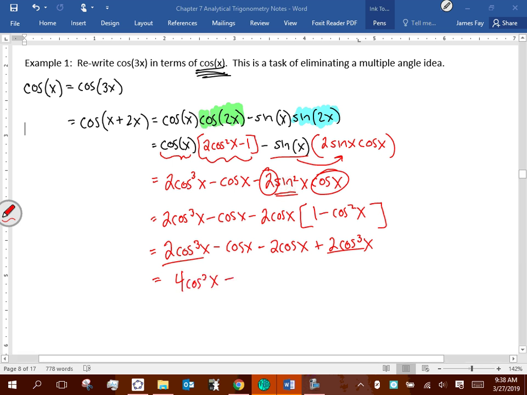And you have minus 3 cosine x's. Does that make sense to everybody? Okay. That's a tedious process, but that just shows us that cosine of 3x can be rewritten in terms of cosine of just x.